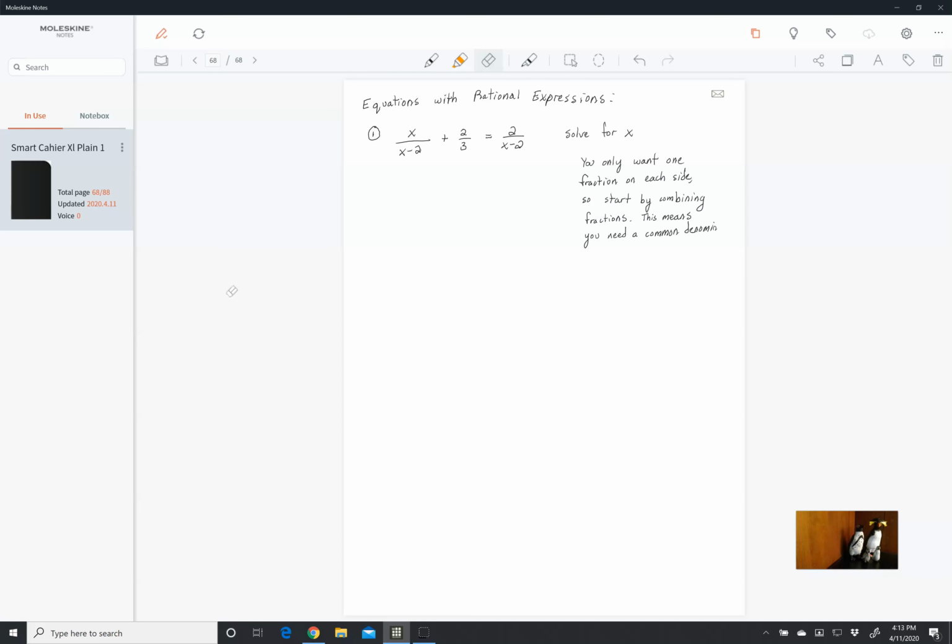And you'll see why in a couple of steps that come after this. So this means you need a common denominator for every fraction in the equation. Not just the fractions on one side.